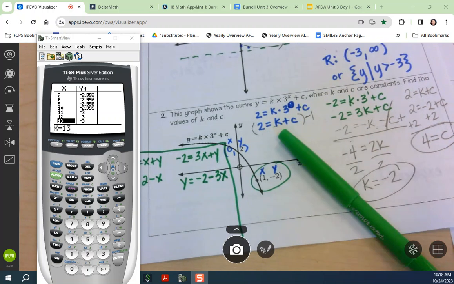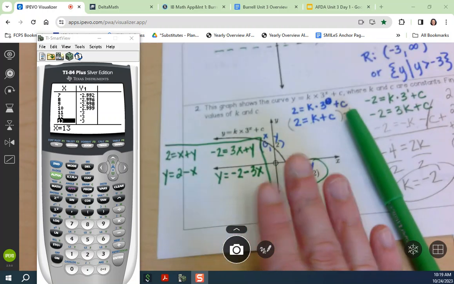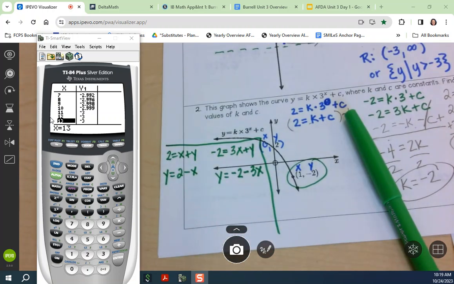So if you like the calculator method, you can also graph on the calculator. Y equals, and clear that out, 2 minus x. Oops, delete that one. And -2 minus 3x. And I'll graph that.